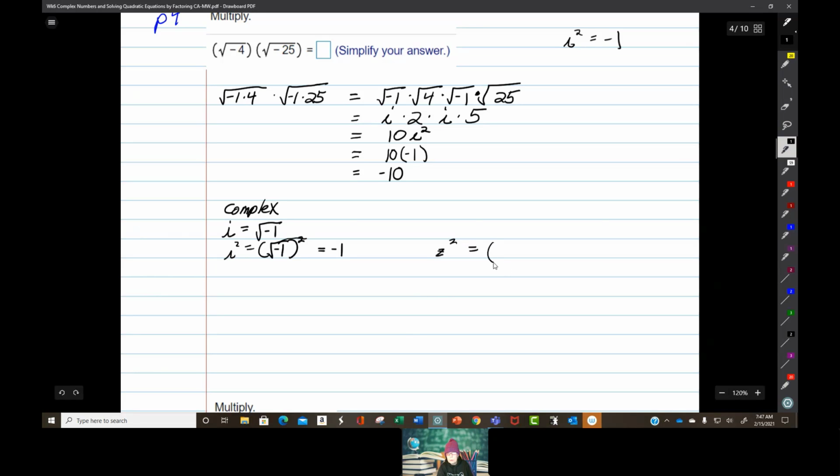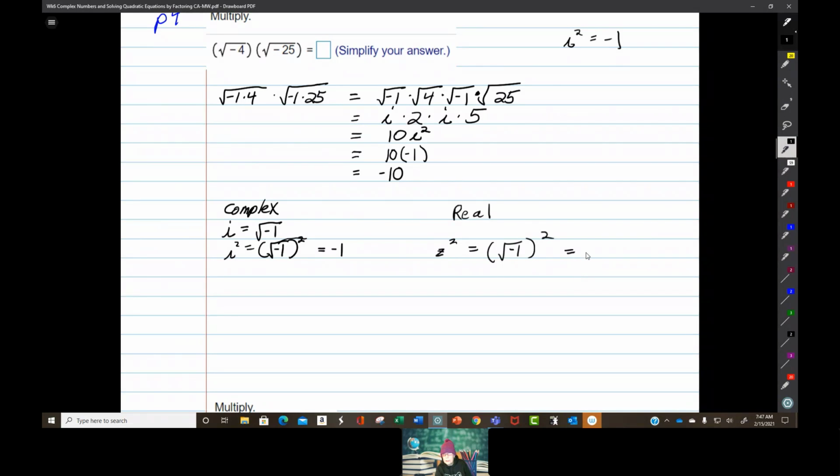Suppose Z squared equals the square root of -1 squared in the real number system. Well, of course, that doesn't exist, but let's put this in real, R-E-A-L.